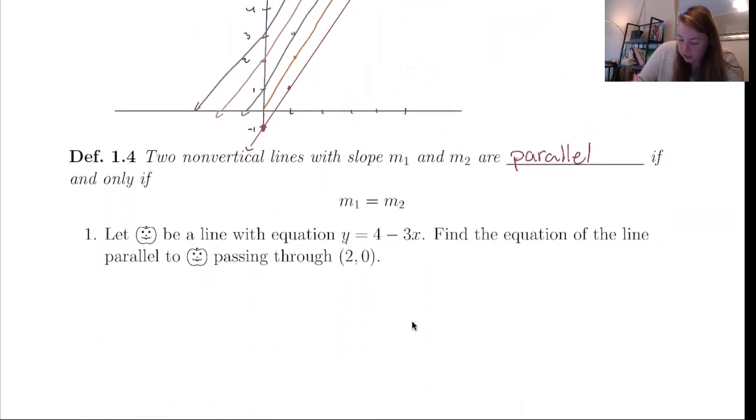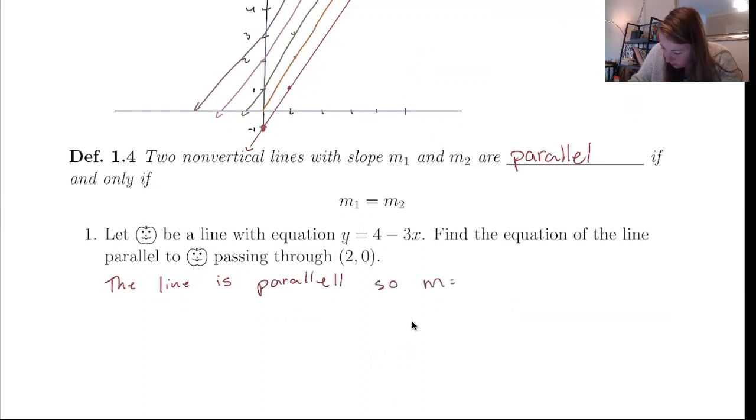So the line is parallel, so it's going to have the same slope as pumpkin. So m is going to equal, don't forget that negative, -3. I'm not told how I want to write the line, so I'm given a point.